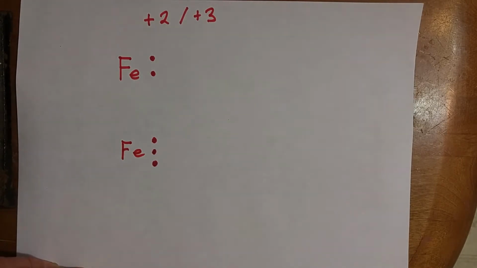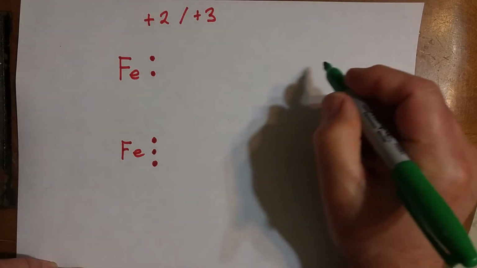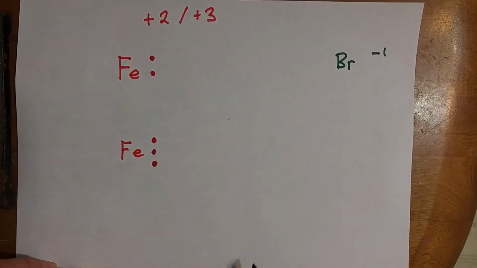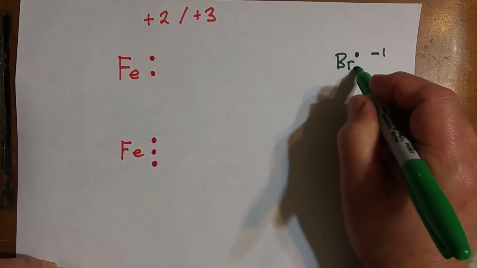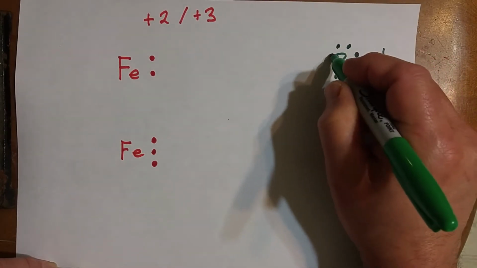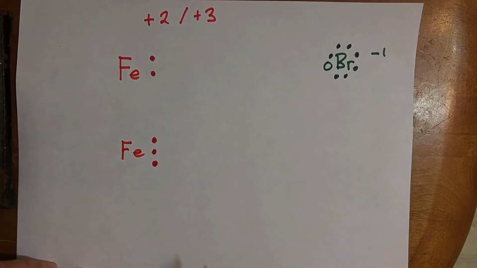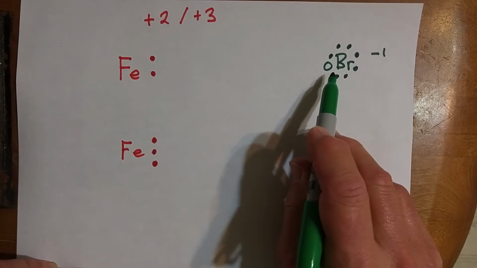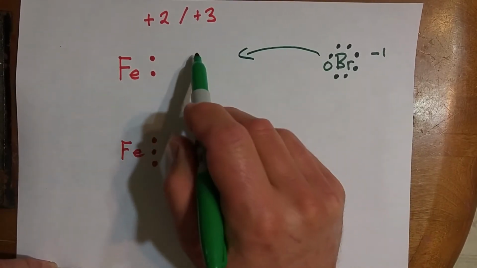What happens if iron is going to react with bromine, which says -1, which means all but 1? How many are you going to need to interact these two? Well, I think it's pretty obvious.